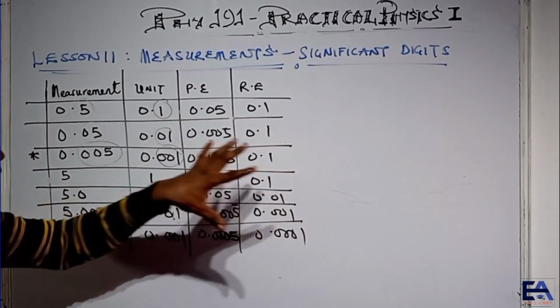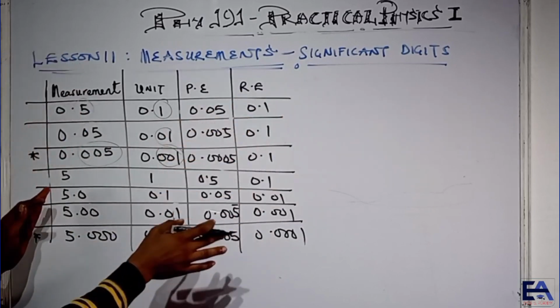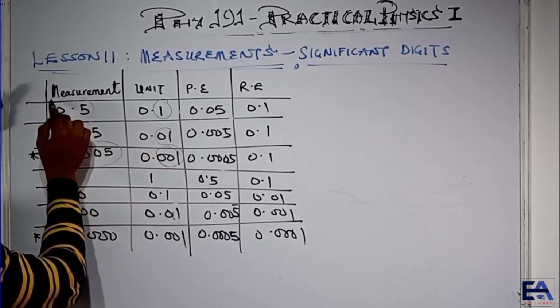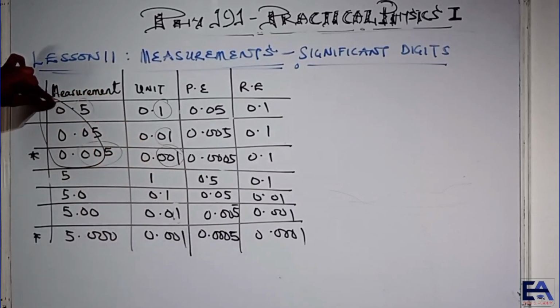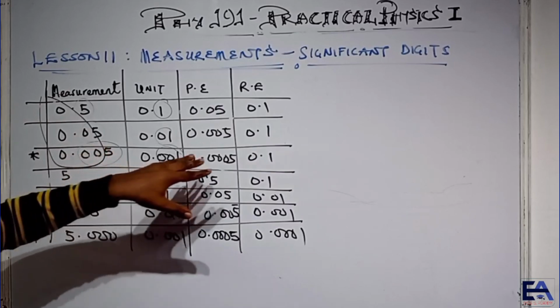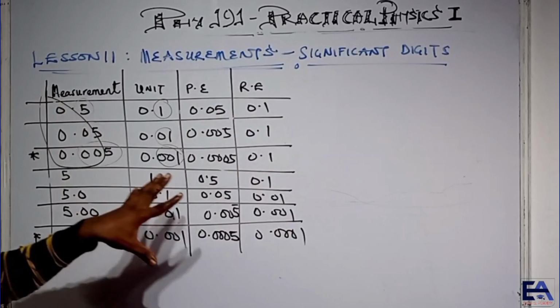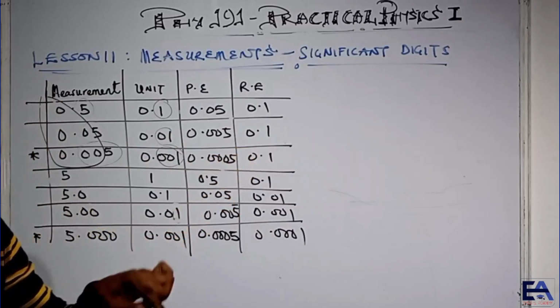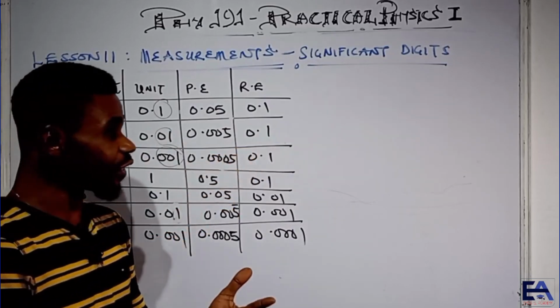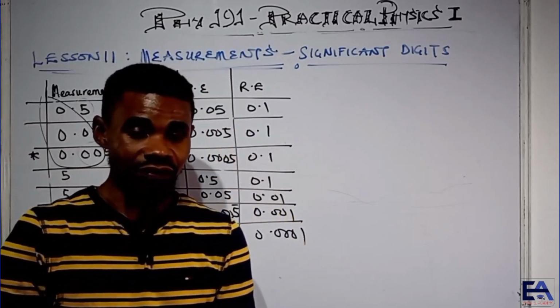Now, check this out. If you take note of it, you will see that the relative error is not affected by all of these zeros that came before 5. None of these zeros affected the relative error, which shows that they are non-significant. And that is the essence of the second rule I told you. The first rule I told you is that every non-zero number is significant.